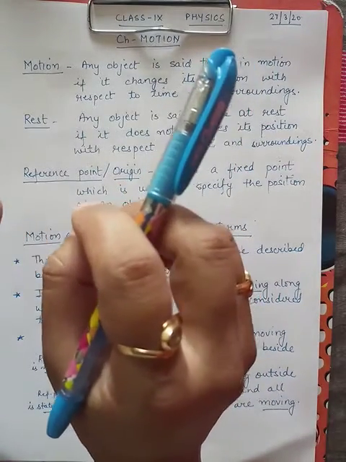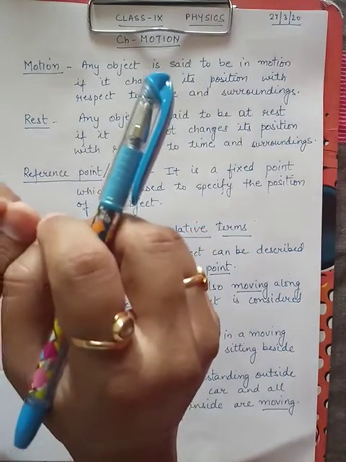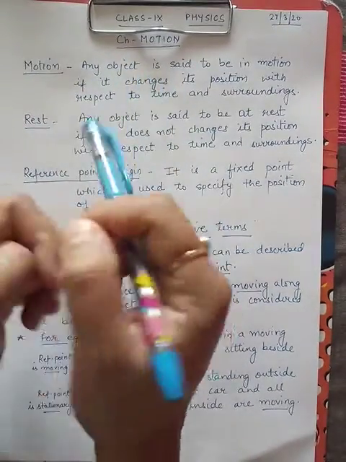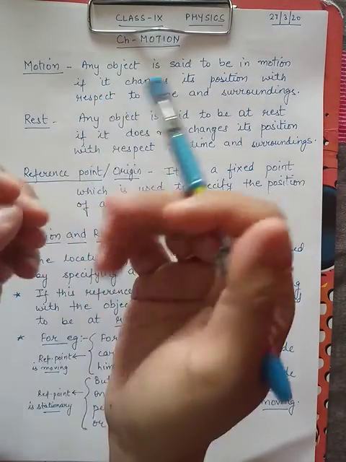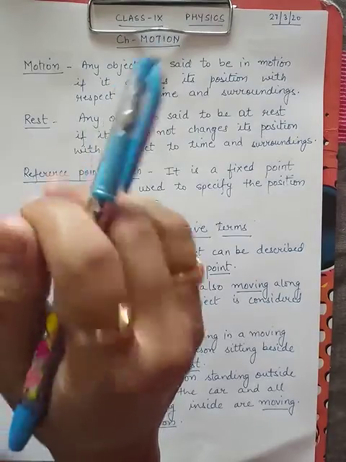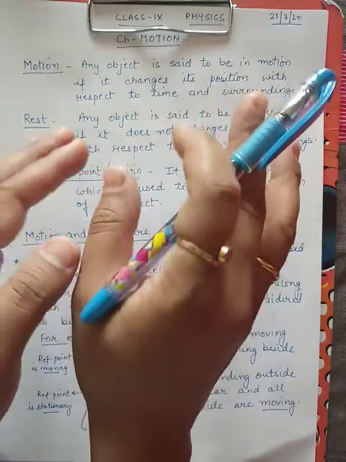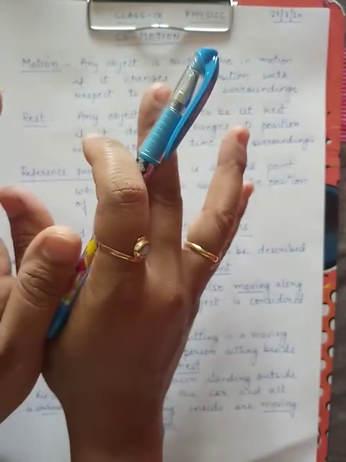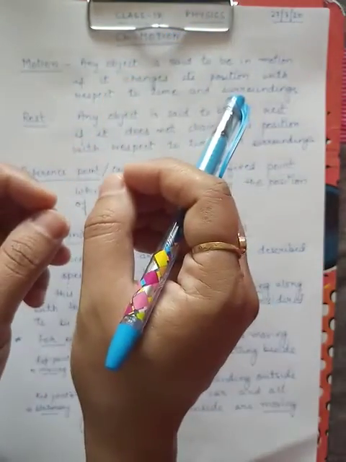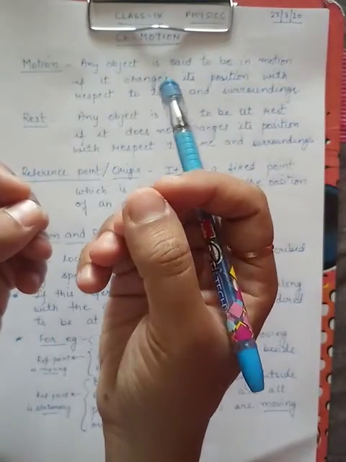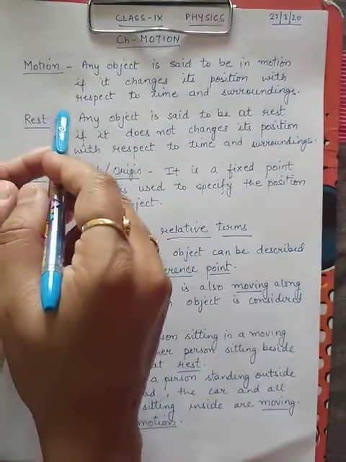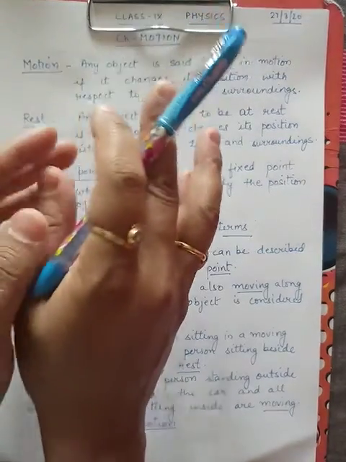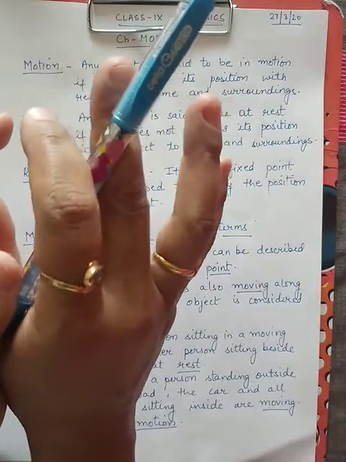If I look towards you and toward the other things in the car, I will say that you are at rest because you are sitting beside me and somebody else is also sitting. So you are not moving, you are just sitting, right? If anybody asks me whether you are at rest or not, I will say this student is at rest because he is sitting, he is not moving, right?